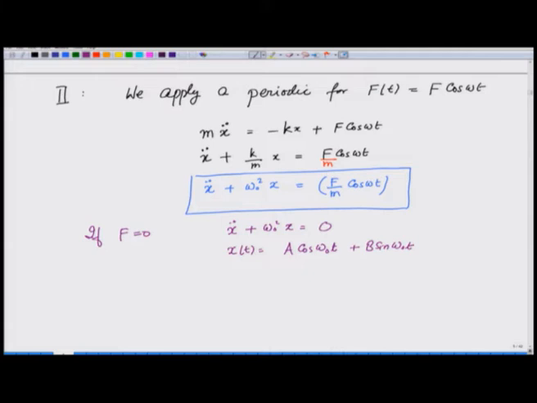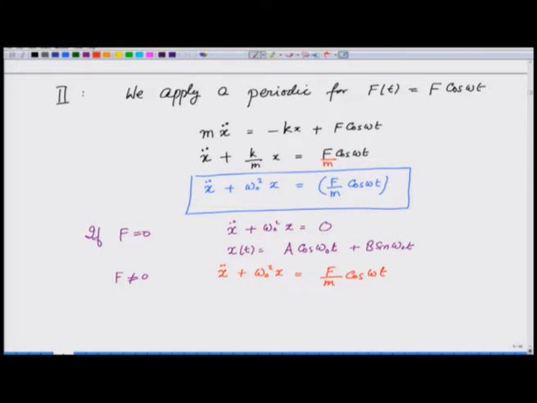But now I have f not equal to 0, and I have the equation x double dot plus omega 0 square x equals f over m cosine of omega t. Let us try different solutions.